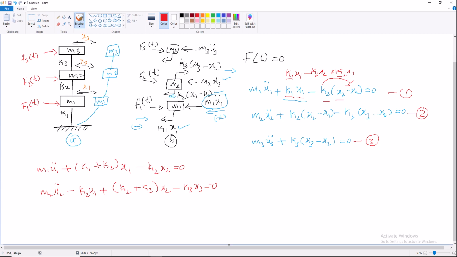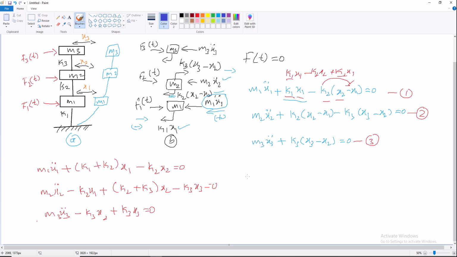In a similar way, the third equation is m3 x3 double dot minus k3 x2 plus k3 x3, which is equal to 0. So now equations 1, 2 and 3 are rewritten with all the brackets multiplied out.